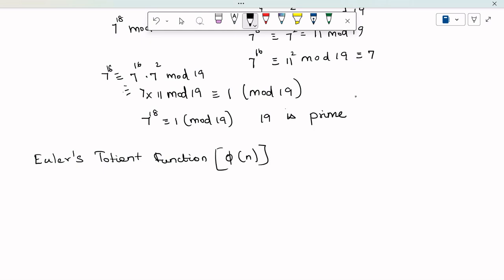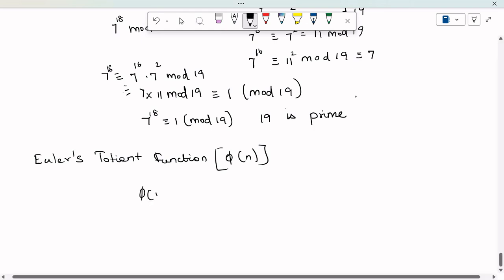What is Euler's totient function? It is the number of positive integers less than n and relatively prime to n. Let me repeat, the number of positive integers less than n and relatively prime to n. By convention, phi of 1 is equivalent to 1.